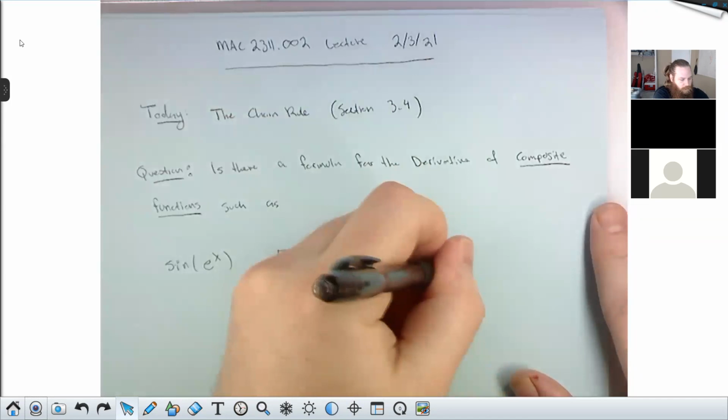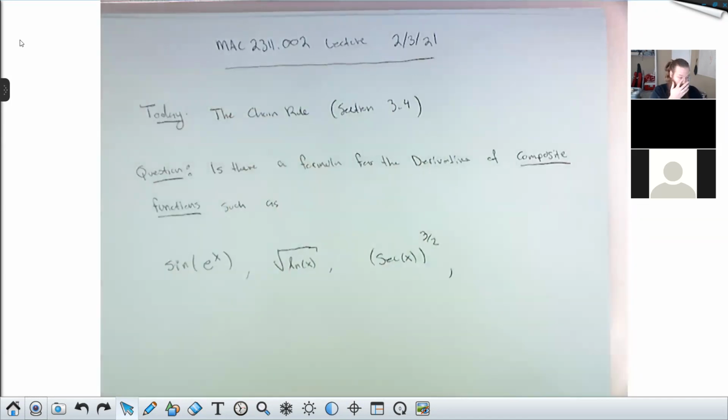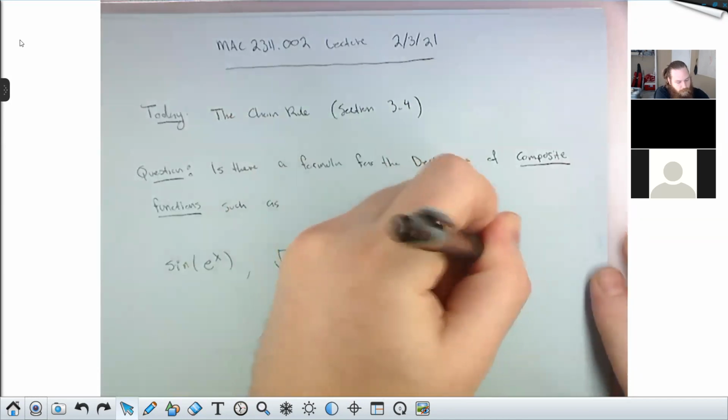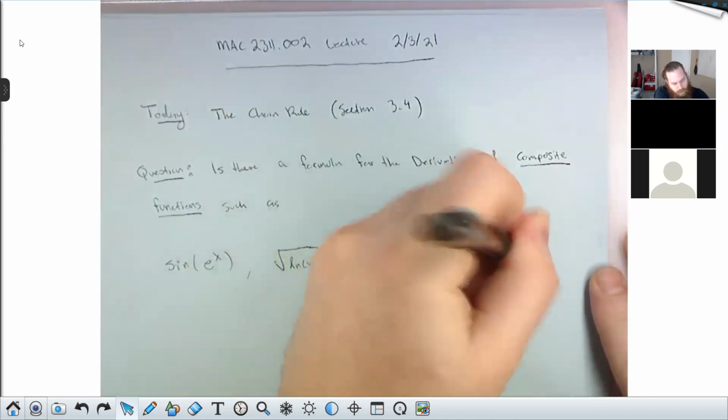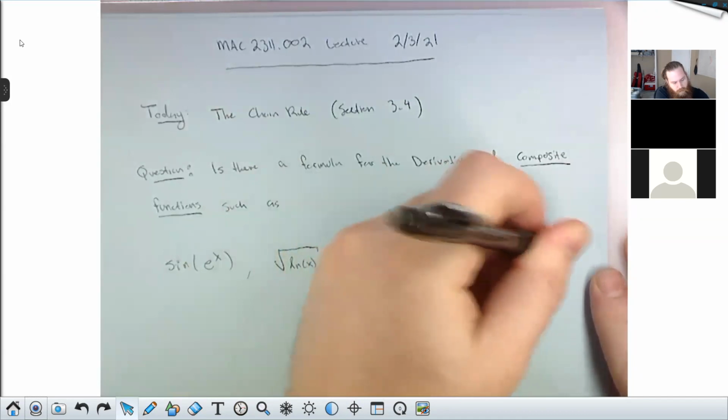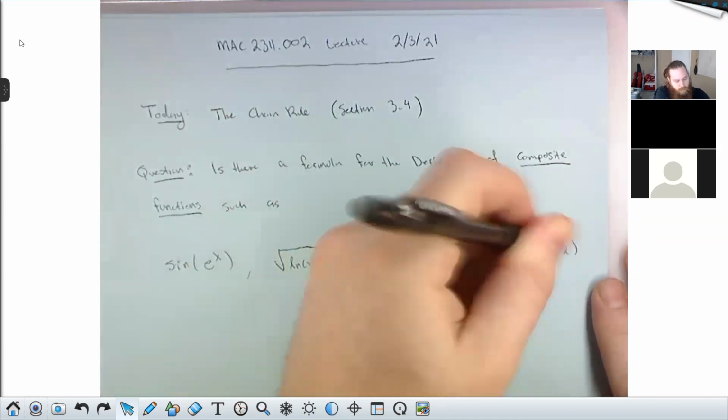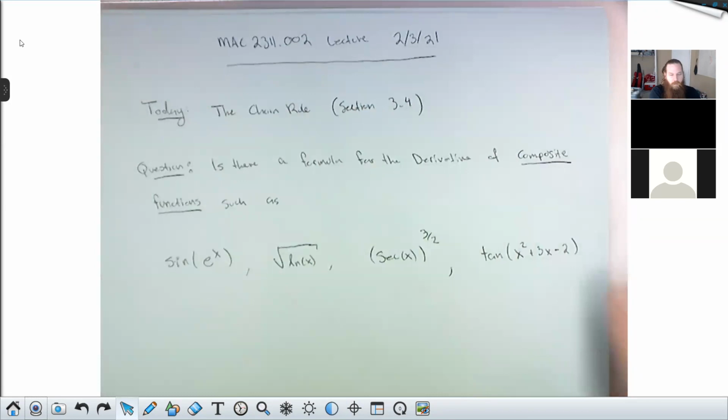Stuff like this. I could shove a polynomial inside of tangent. What makes all of these composite functions is that there's an inner function and an outer function.